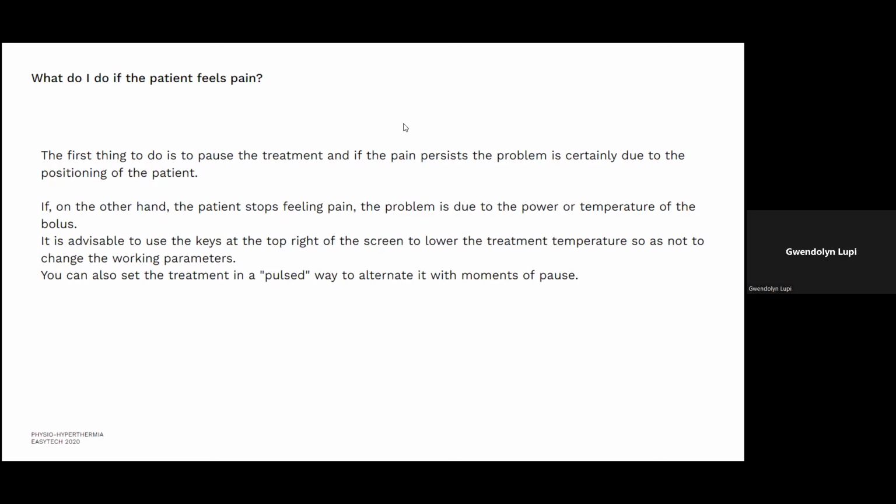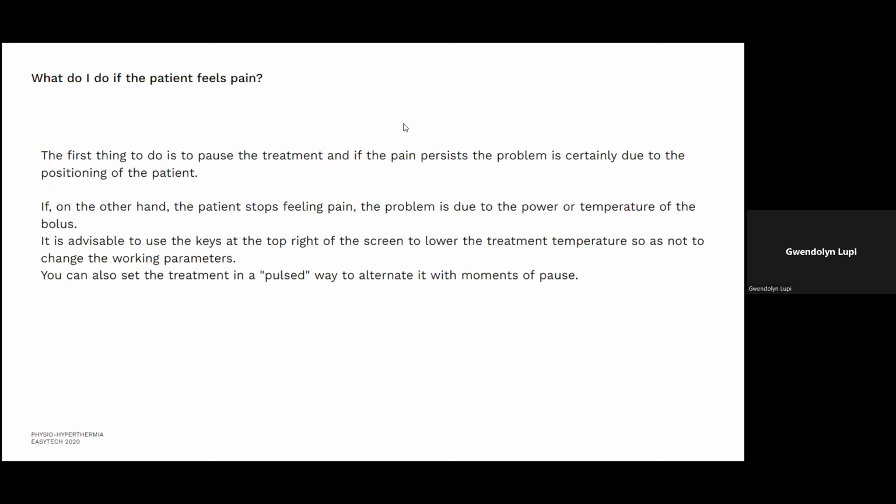As I told you, if the patient feels some problems regarding the heat, so it's too much, we have to check out whether the problem is the positioning of the patient, which is not correct. If the patient is correctly positioned, then the problem can be the sensation, the feeling, it's too much.